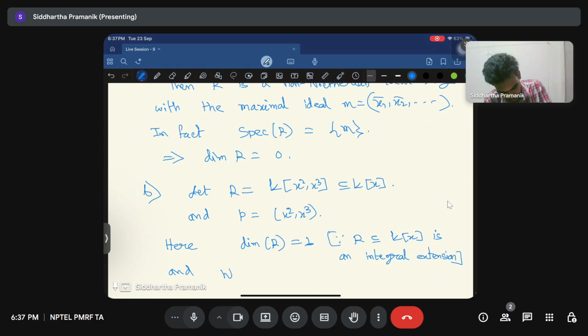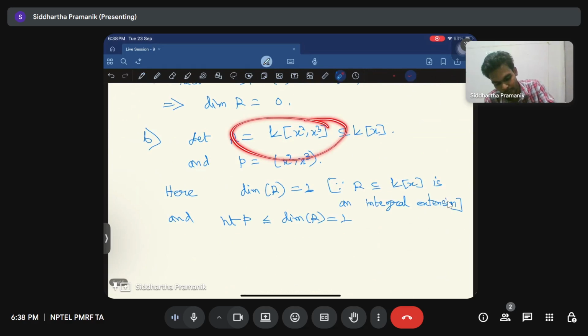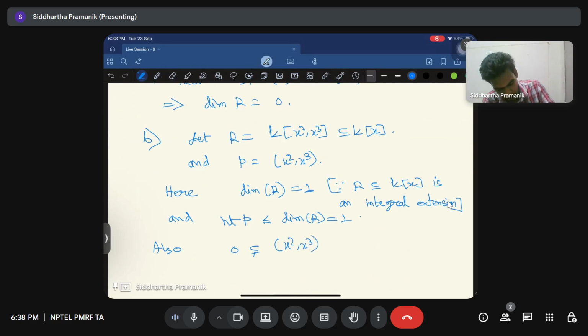And the height of P should be less than or equal to the dimension of the ring, which is 1. And R is a domain, right? Also 0 properly contained in (x square, x cube) is a chain of primes. So the height of P is exactly equal to 1.